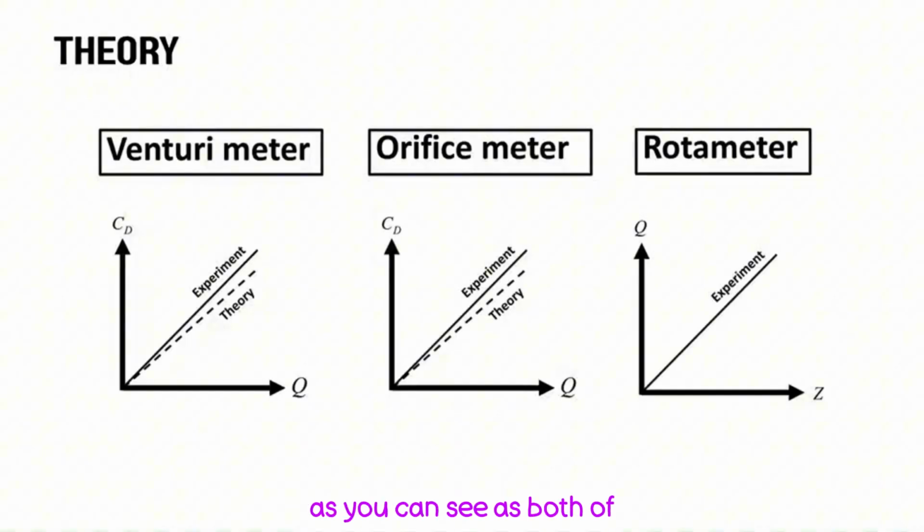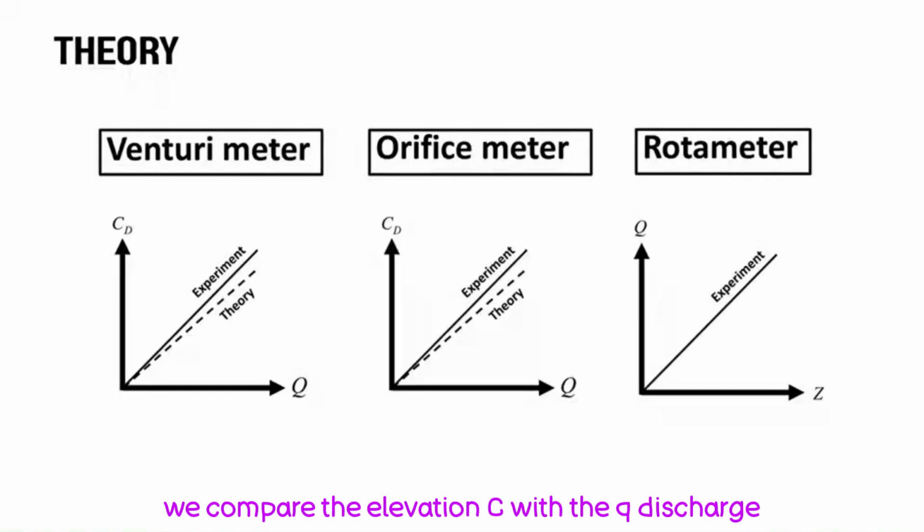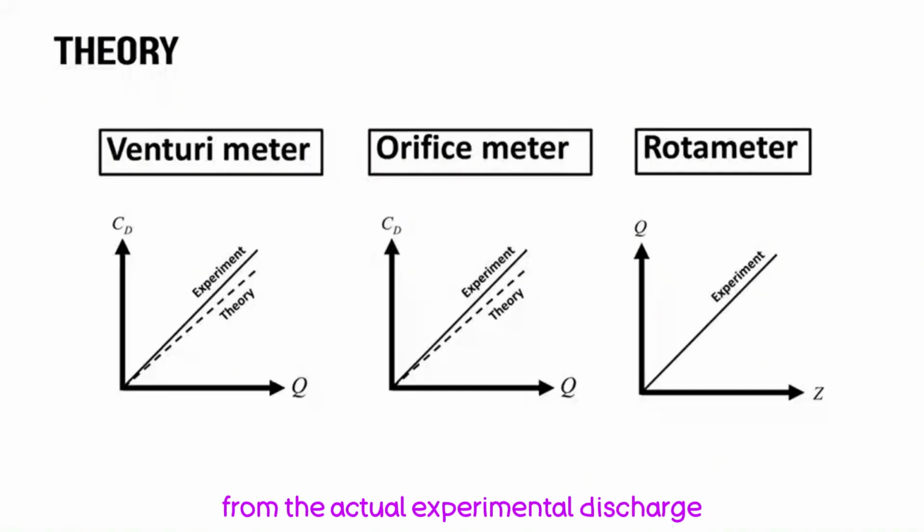For both venturi and orifice meters, we plot to compare the experimental results with the theoretical results. And for the rotameter, we compare the elevation Z with the discharge Q from the actual experimental discharge.